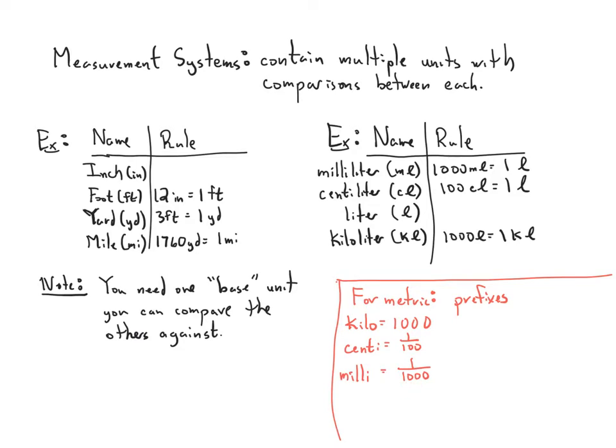So you can think, how many centimeters are in 1 meter? There are 100 centimeters in 1 meter. So 1 centimeter is 100th of a meter. 1 millimeter is 1,000th of a meter. A kilometer is 1,000 meters, for example. These are the 3 prefixes that you should know. These come up all of the time.